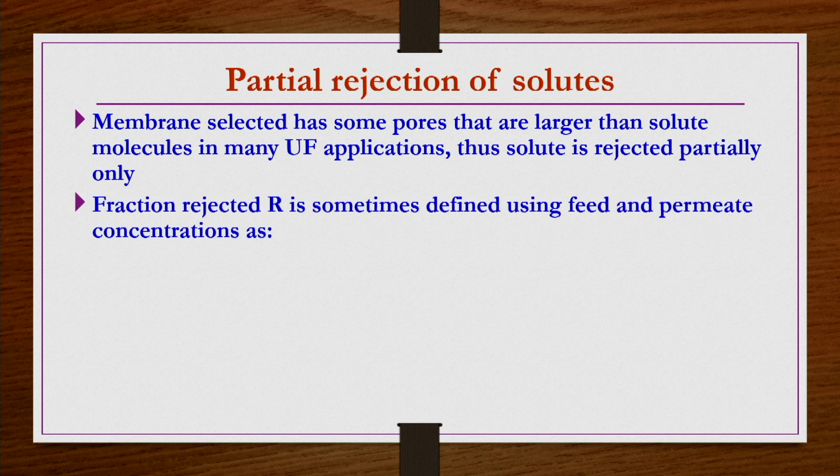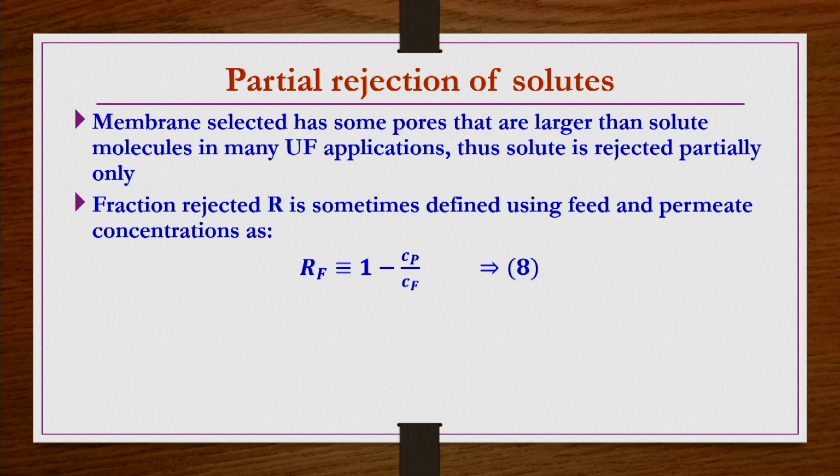So fraction rejected R is sometimes defined using the feed and permeate concentrations as R equals 1 minus Cp by Cf. But the Cf, especially in an ultrafiltration membrane, is very much different from one location to another, especially because of the boundary layer forming due to concentration polarization. The concentration varies from C1 to Cs. So feed concentration C1 we cannot use, and Cs in general we do not know.